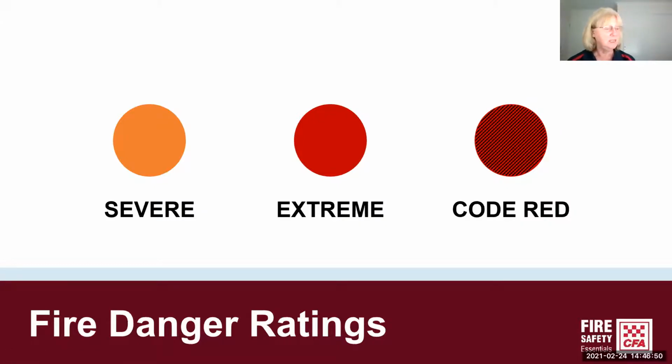And then on a code red day, it's the worst possible conditions for a fire. So it's hot, windy, dry. Conditions are as bad in the bush as they are in the grasslands. Homes are not designed or constructed to withstand fires in those conditions, and neither are people, obviously.